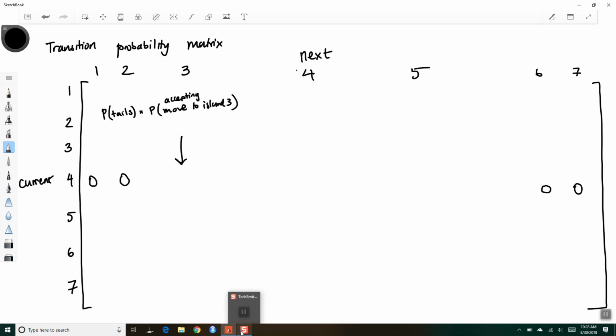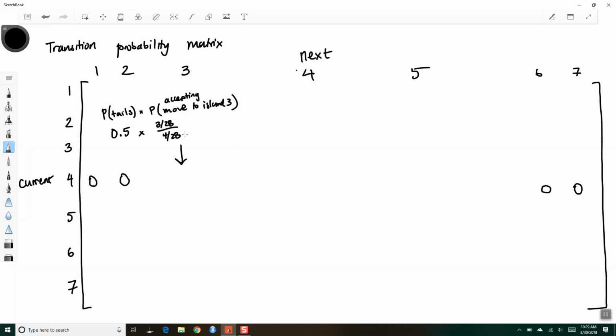So it's the probability of tails multiplied by the probability of accepting the move to island 3. What's the probability of getting tails? 1/2, okay? And then what's the probability of accepting the move to island 3? This is going to be 3/28 divided by 4/28, right?